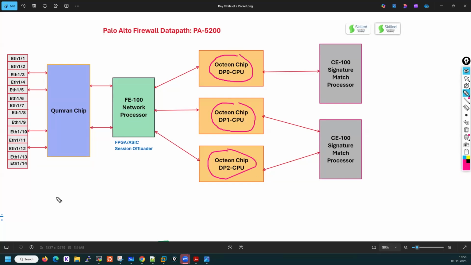If you have heard the name of descriptors, there is one term at the CPU level, we have descriptors. So we have on-chip descriptors. Like three types of descriptors are there.